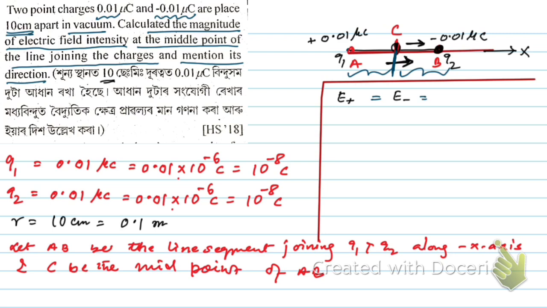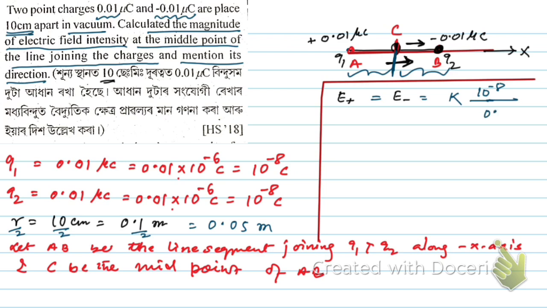So that's going to be k into the magnitude of charge, 0.01 microcoulomb, which is nothing but 10 to the power minus 8 coulomb, divided by r. Here we have to take r by 2, that is 10 by 2 centimeter, divided by 2, which is equal to 0.05 meter.